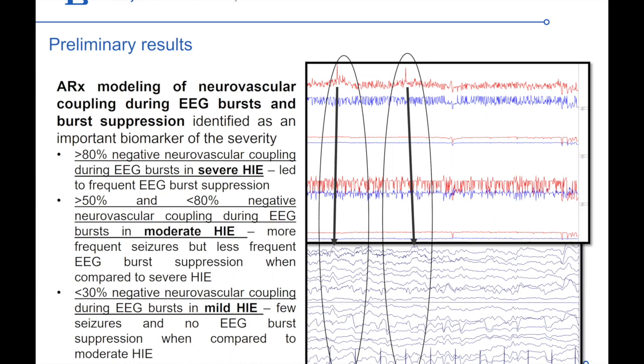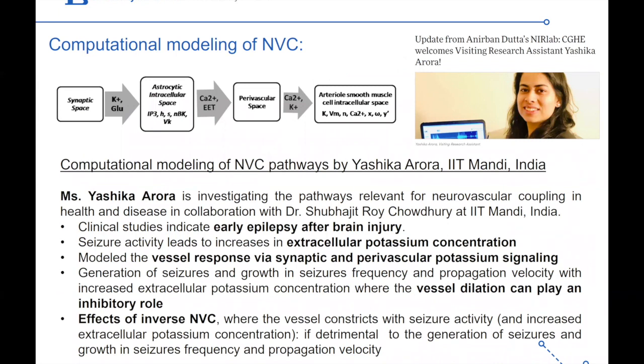severity of HI. Now I want to highlight this work by Ishika, who visited me at UB, and who is working on computational modeling to look into what this negative neurovascular coupling does to the tissue. For example, there is a lot of clinical evidence that brain tissue after brain injury is susceptible to early epilepsy.